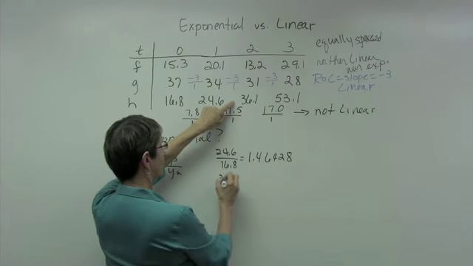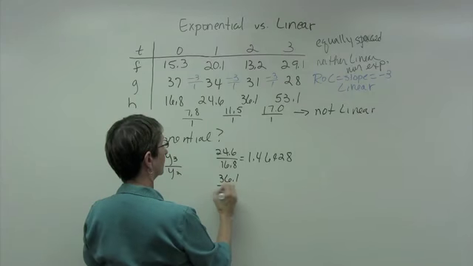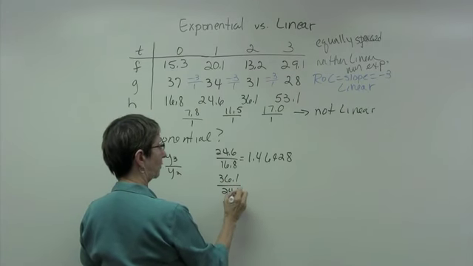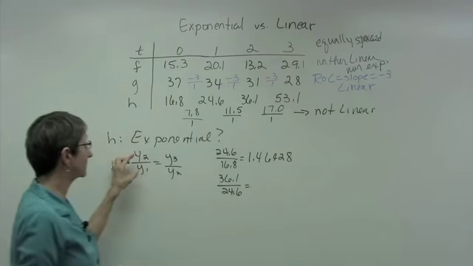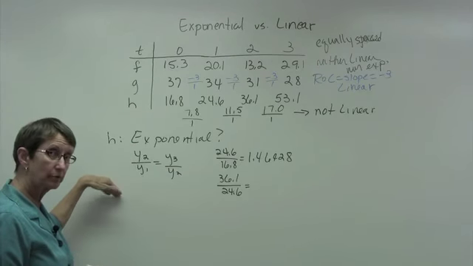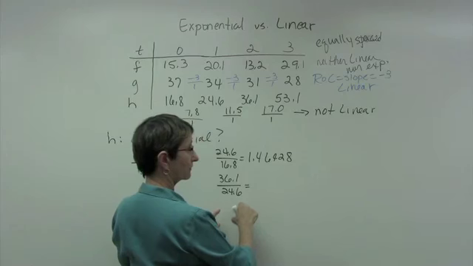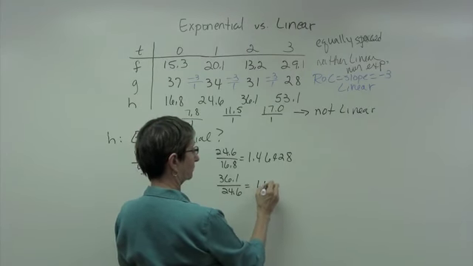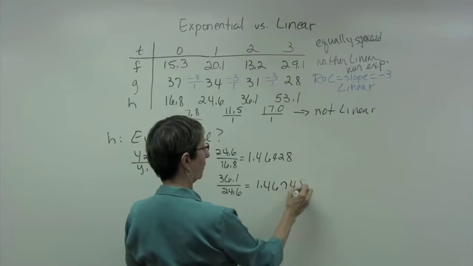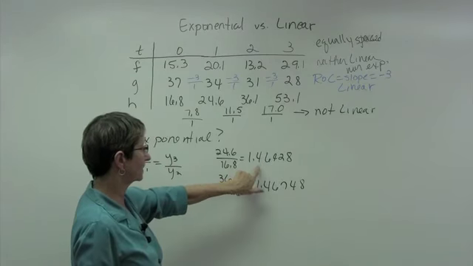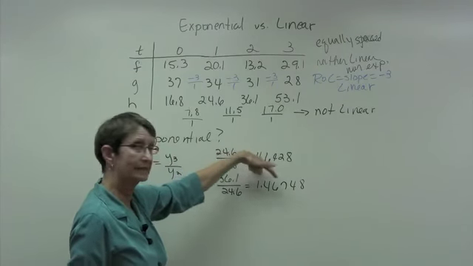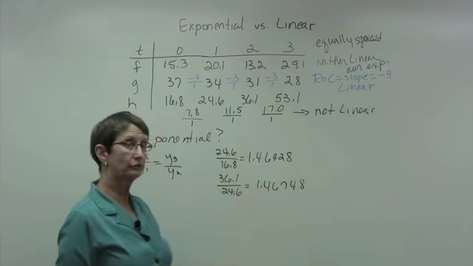So our next ratio, 36.1 divided by 24.6. And it does have to go the next minus the previous. Okay? 36.1 divided by 24.6 is 1.46748. So these are a little bit different. They start off with the 1.46, and then the decimals after that are different.